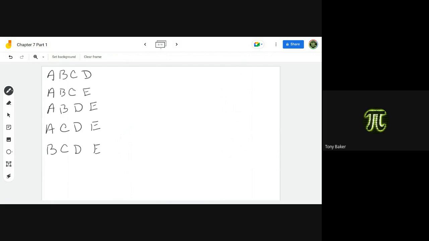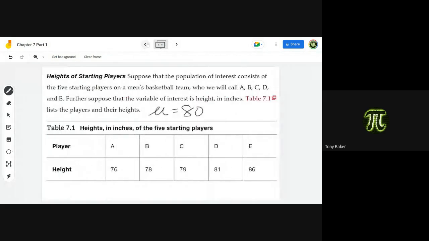All right, so find me the means of these. Oh, hold on. Let me go back to the numbers for you. There you go.